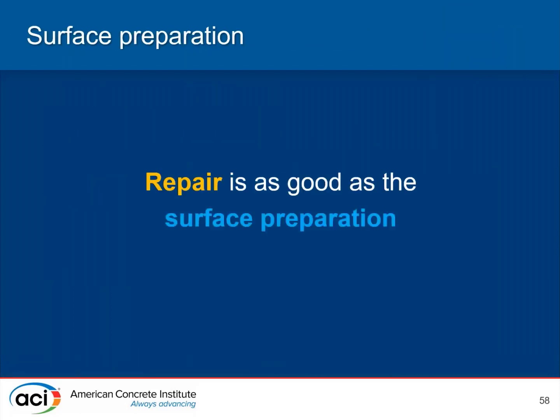But it is very critical, and a lot of time is spent in committee work, and in different organizations, talking about surface preparation as it affects and impacts the bond of the repair material.